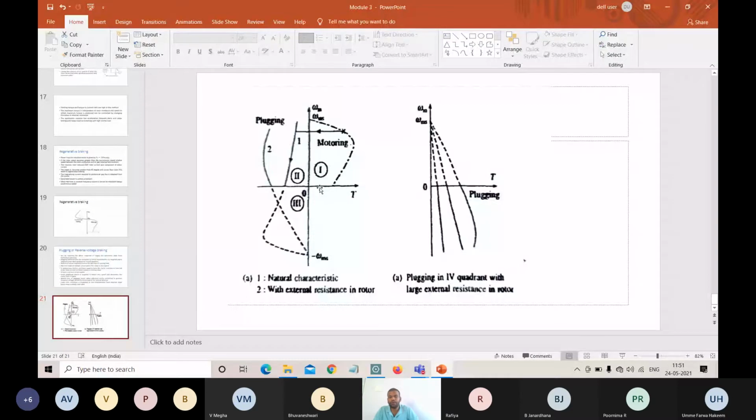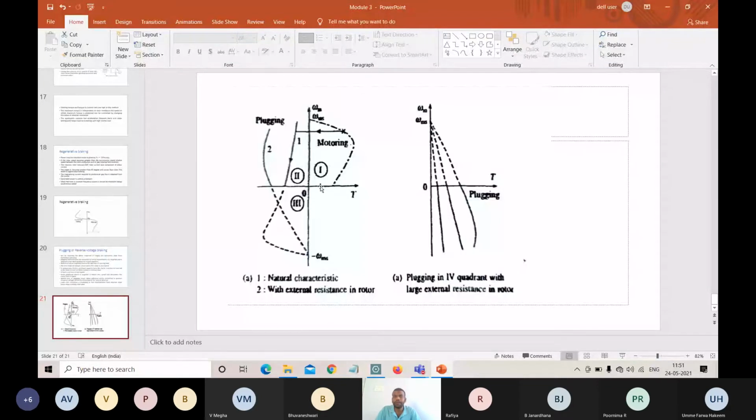So when we are going to stop the motor, at that time the motor should be disconnected from the supply. The main thing to keep in your mind is that the motor should be disconnected at 0 speed.